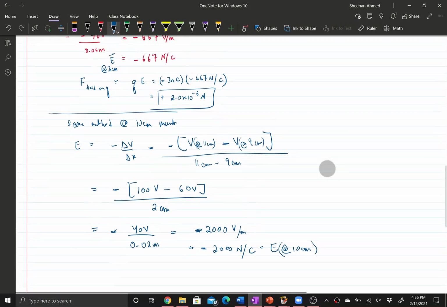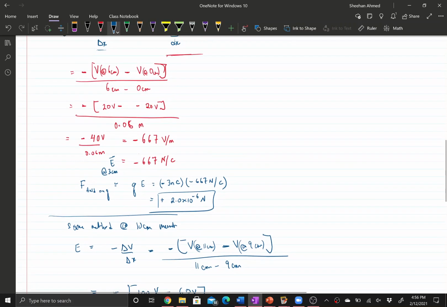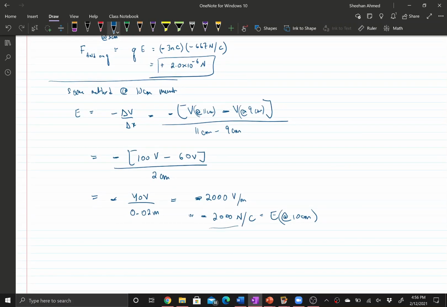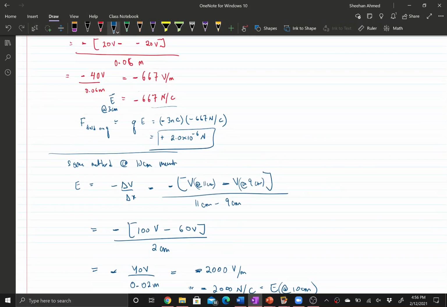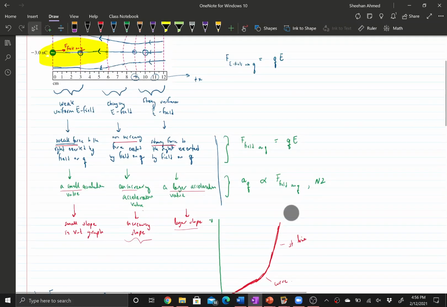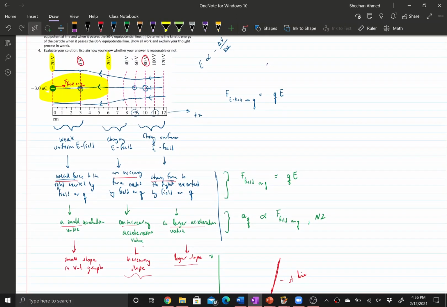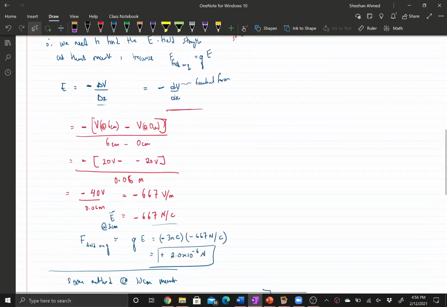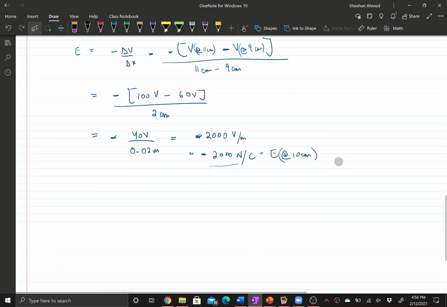Okay, let's take a sanity check. 2,000, clearly bigger than our older answer of 667 in magnitude. Did we expect it to be? Yes, our drawing shows the E field lines close together, so that can be another one of my evaluations. And it's negative, so it's pointing to the left. Great, makes sense.